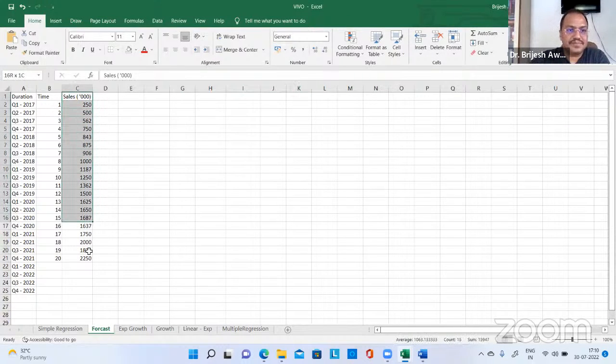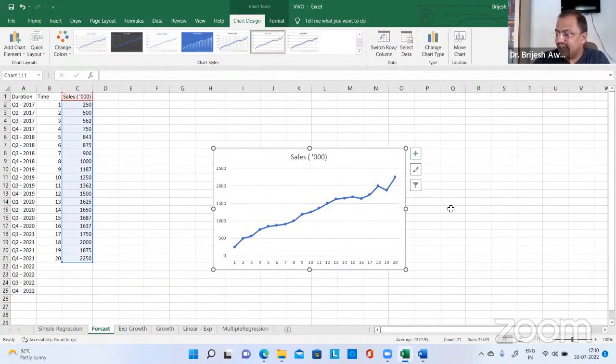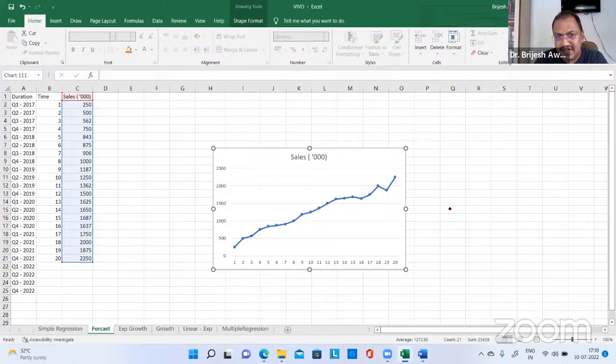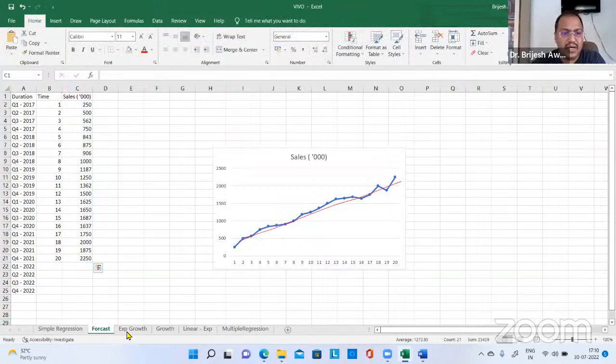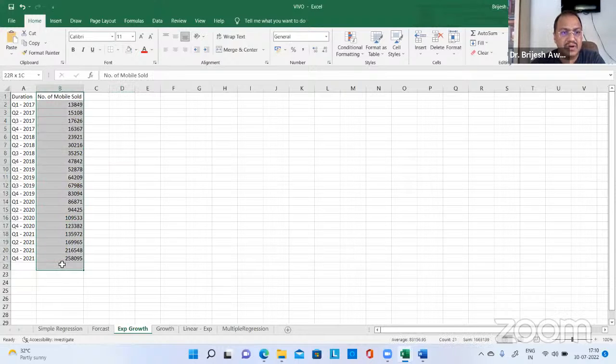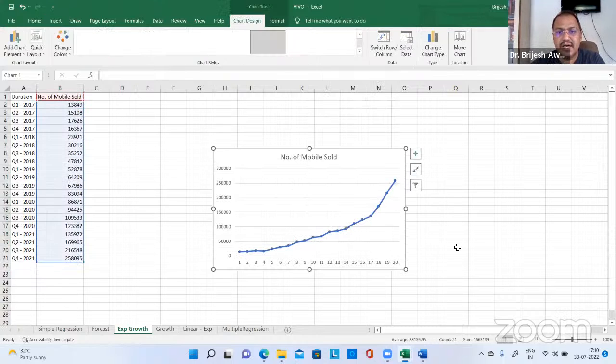Now look here. If I'm talking about this series, it's just like linearity, right? There's a linearity in this series. And if I'm talking about this series, it is also linear. Just tell me, in this one, is there a linearity or not?